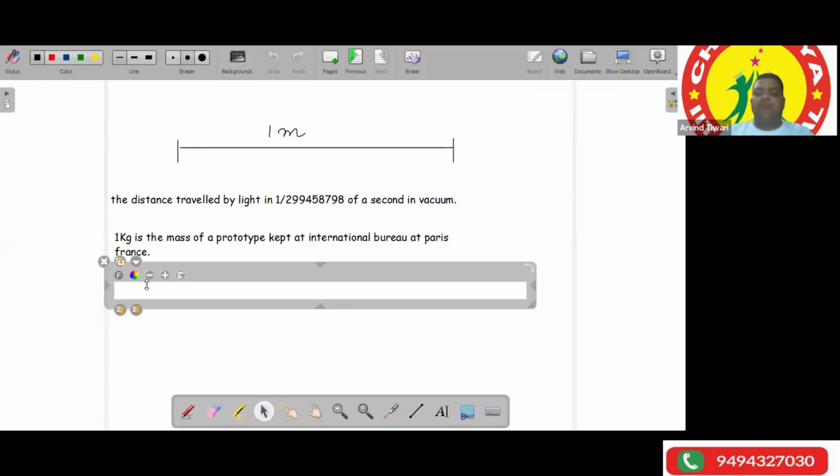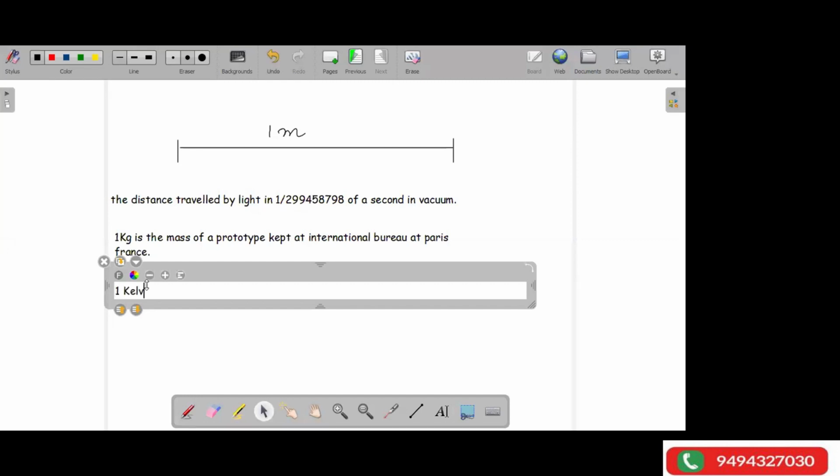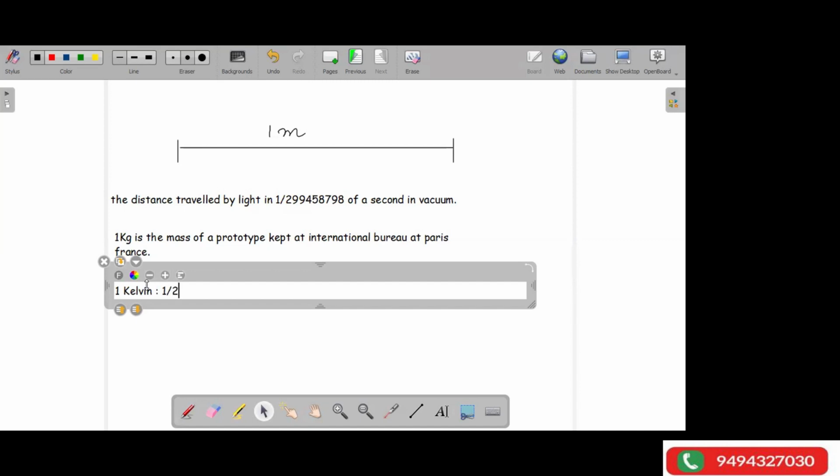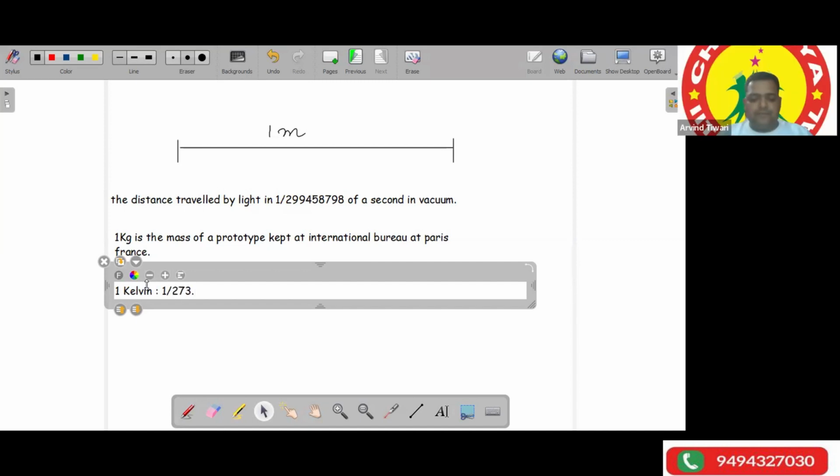So see how we define 1 Kelvin. 1 Kelvin is defined as 1 over 273.16 of the triple point of water.